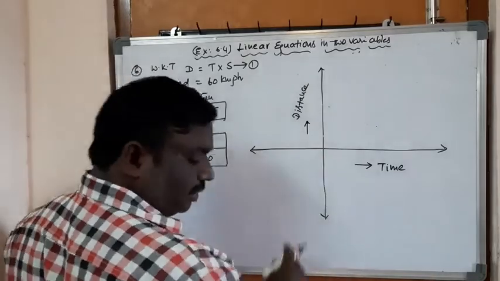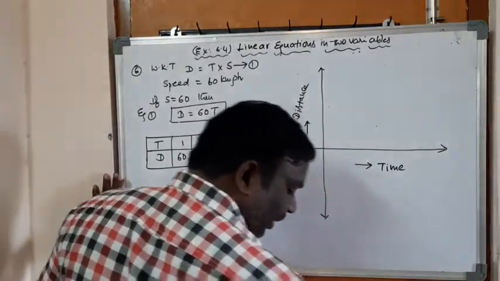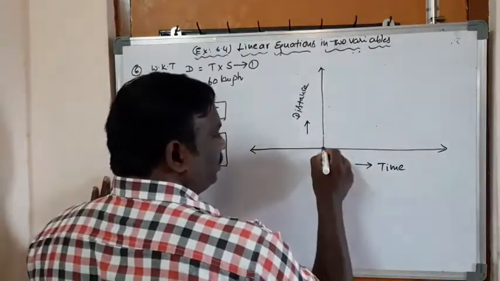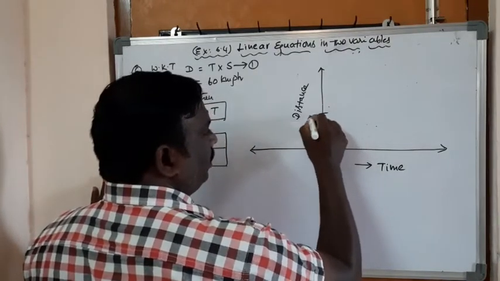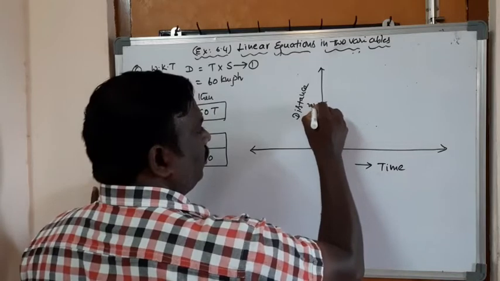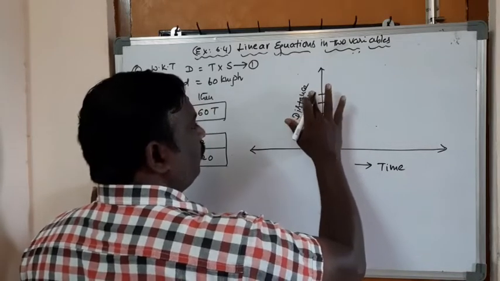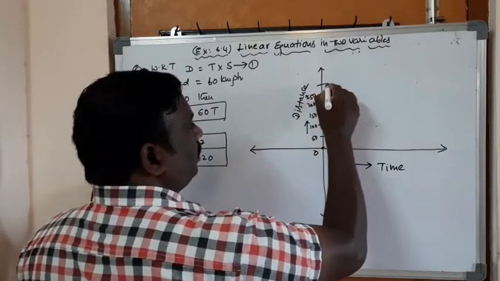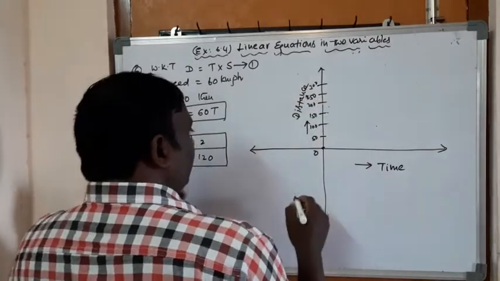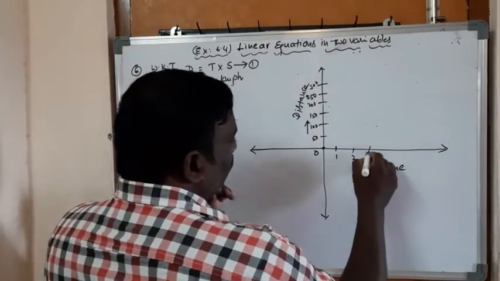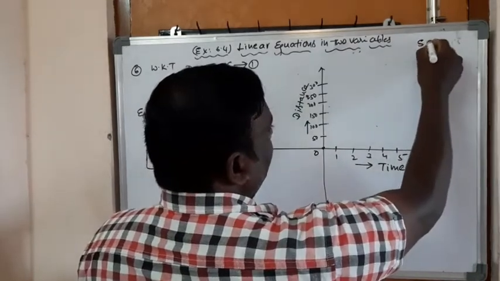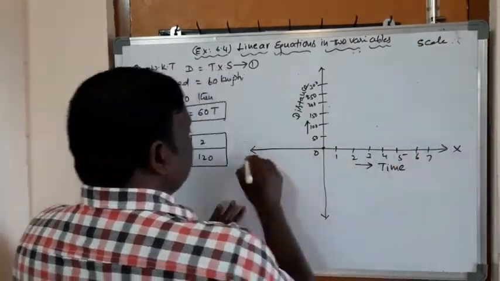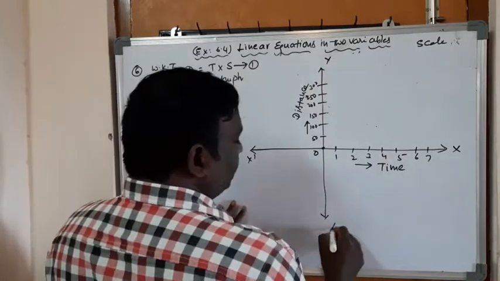That's why you can take 0, 50, 100, like that: 0, 50, 100, 150, 200, 250, 300, and 1, 2, 3 hours, 5, 6, 7. Scale is compulsory on the x dash. Don't forget to write these values.